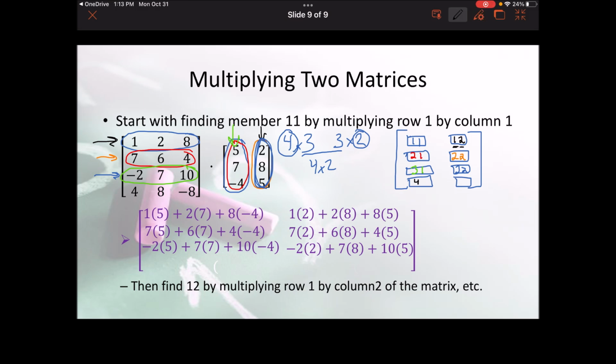For element 4, 1, I'm going to take the fourth row, multiply by the first column. And then for element 4, 2, I'm going to take the fourth row and multiply by the second column.